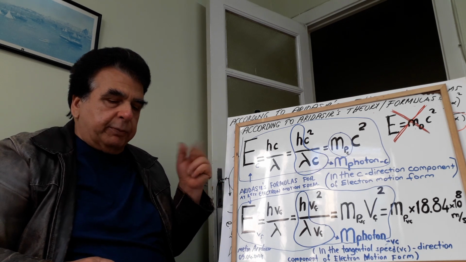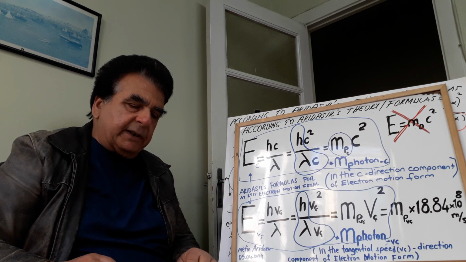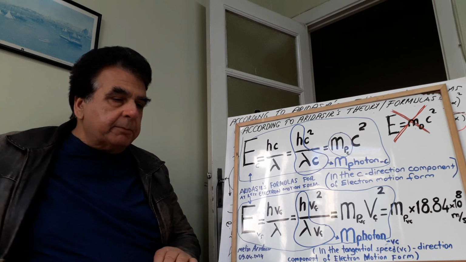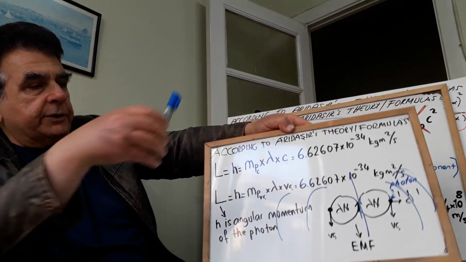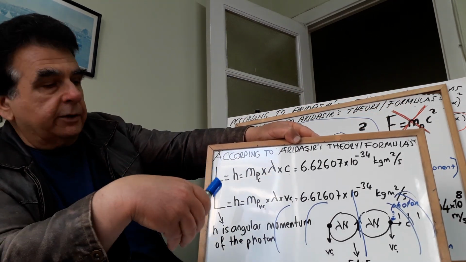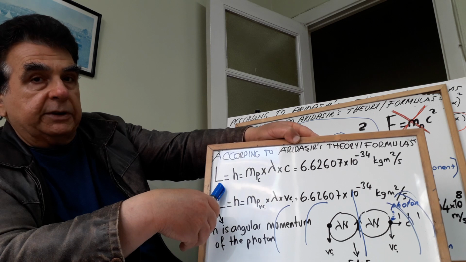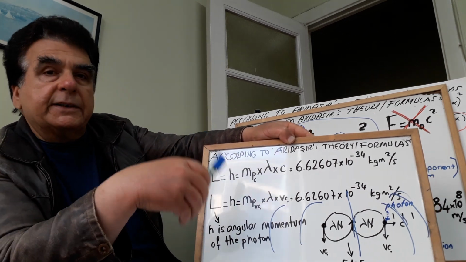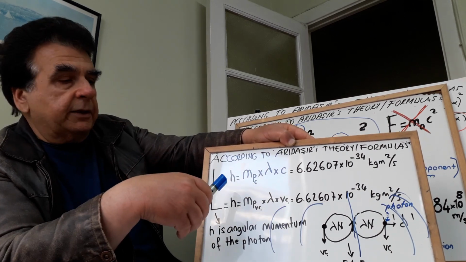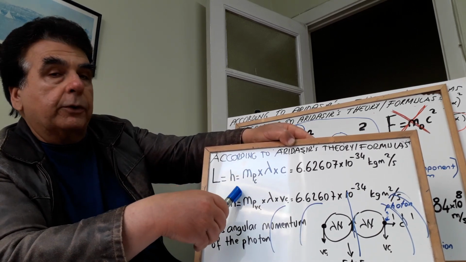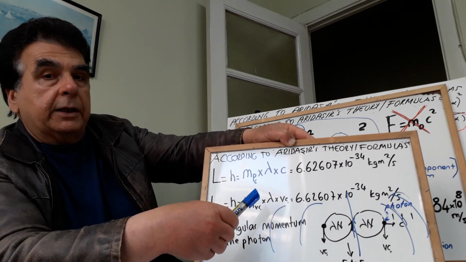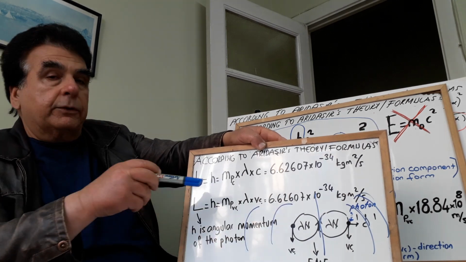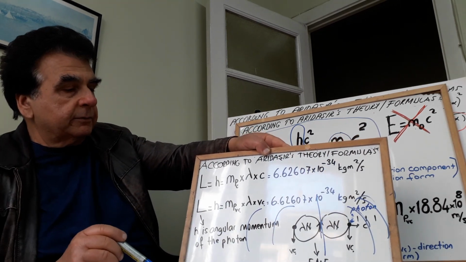In these two components, photon energies and masses are different, but angular momentum is the same. According to my theory, Planck's constant is nothing but angular momentum of a photon on an electron motion form, and it is constant for each component.